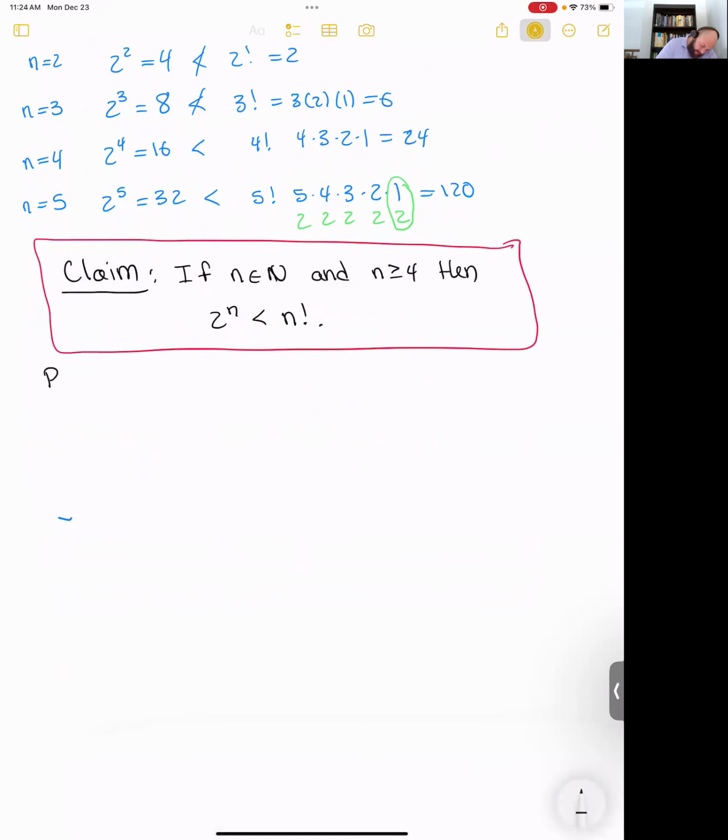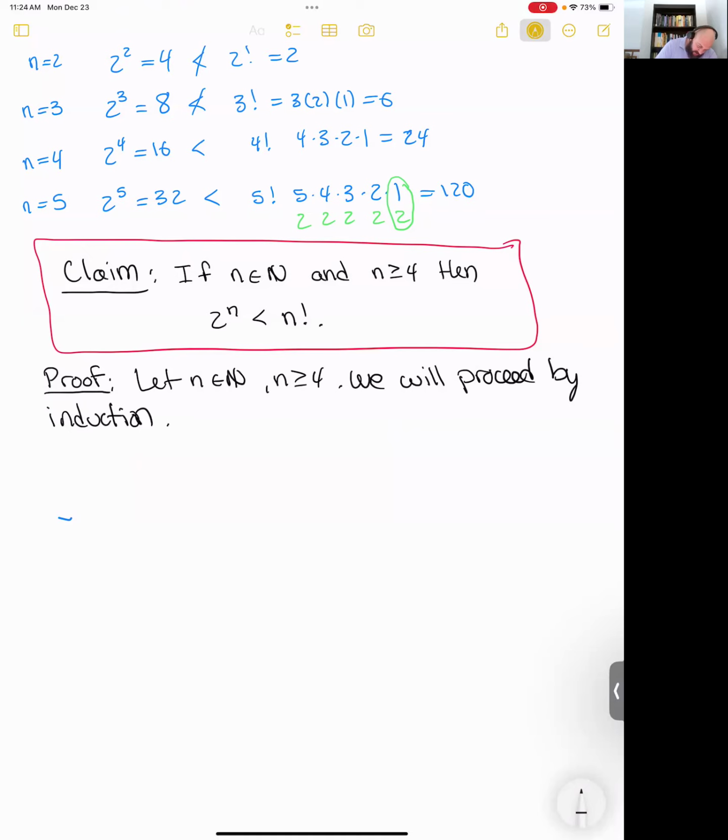All right, so here's the proof. Let n be a natural number, n bigger than or equal to 4. We will proceed by induction.